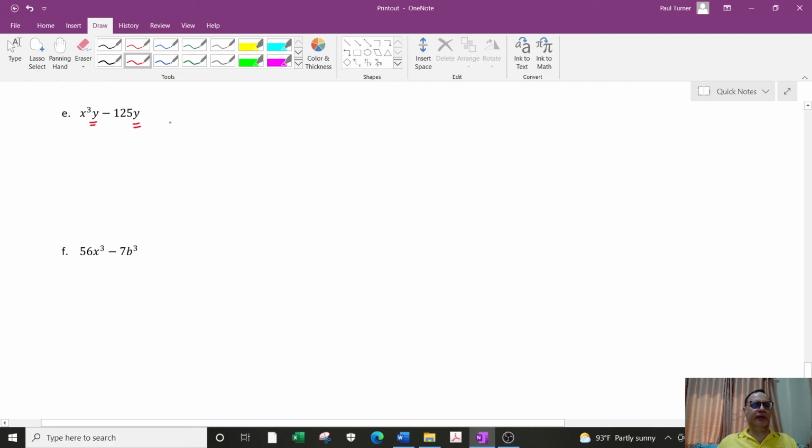In question E, we look for another common factor, y and y. So let's take that out first. y, x cubed minus 125. That's good because 5 cubed is 125. So y, x cubed minus 5 cubed, which is 125. And now we have our difference of cubes.